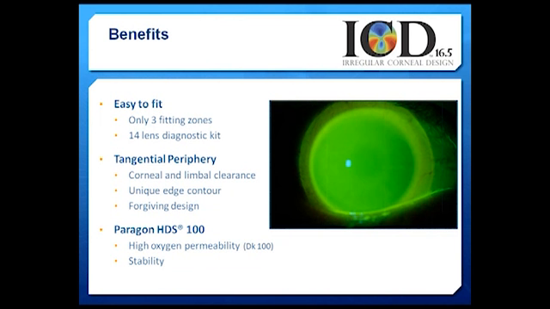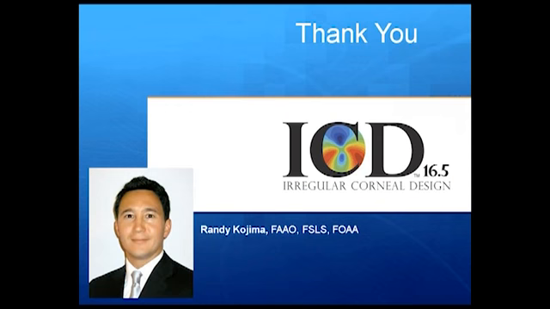You'll find the ICD lens very forgiving throughout that limbal clearance zone, that peripheral corneal zone, and also in the scleral landing zone. And it's the use of tangents that make this lens unique. Coupled with the HDS 100 material, we have a very stable platform for most eyes that might walk through the door.